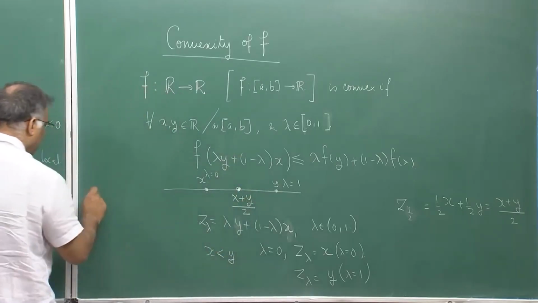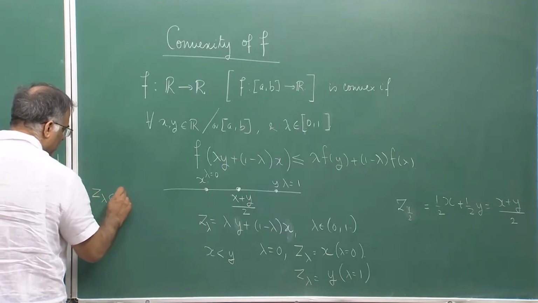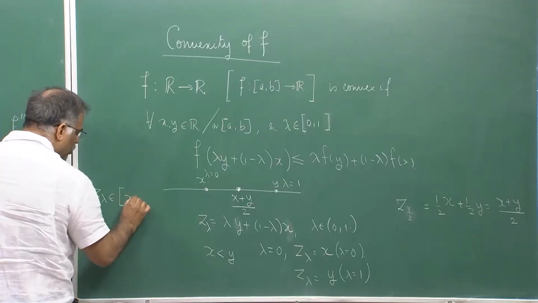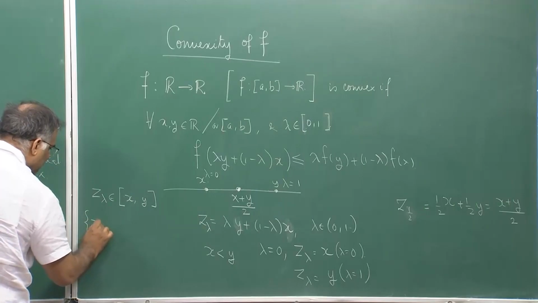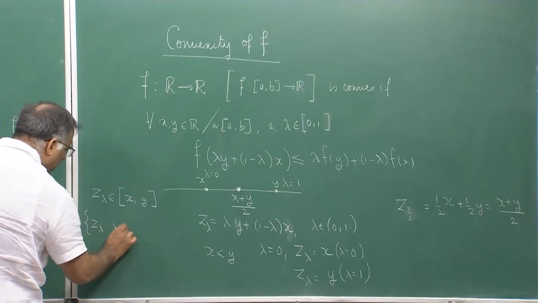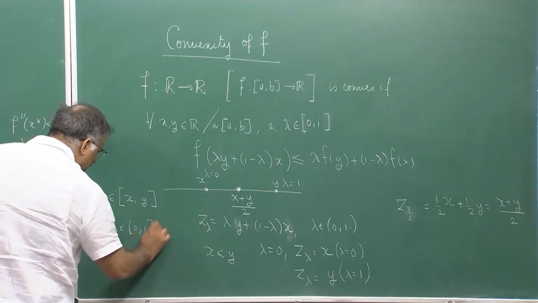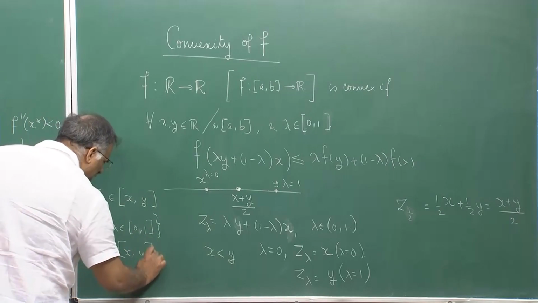So, basically the collection of z lambda where lambda belongs to [0, 1] is nothing but the closed interval [x, y].